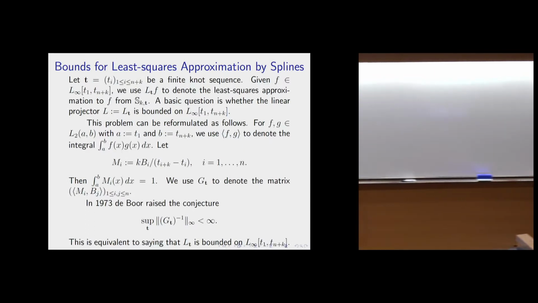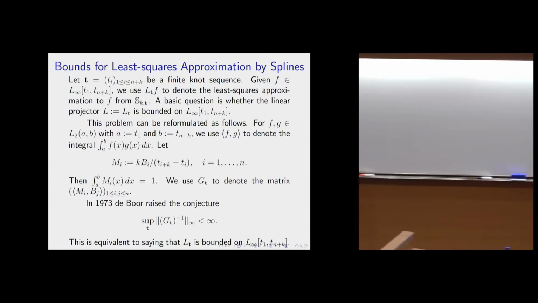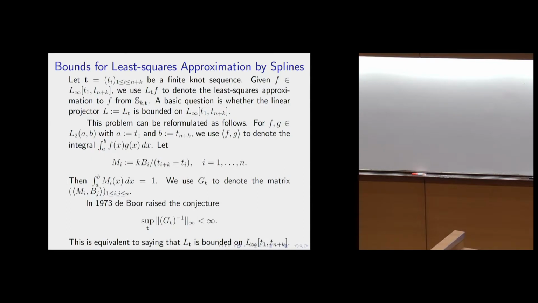This we just mentioned. T is a finite knot sequence, and of course this can be extended to an infinite or bi-infinite sequence later. Then L_T f is the least squares approximation to f.